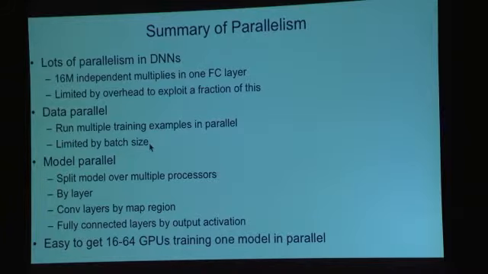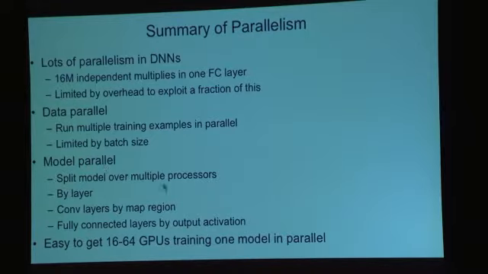And this is largely limited by batch size. The larger the mini batch you're willing to do, the more GPUs you can split your data parallel training over. Very often people will do things like a batch size of 256 divided over 16 GPUs for a batch of 16 per GPU.